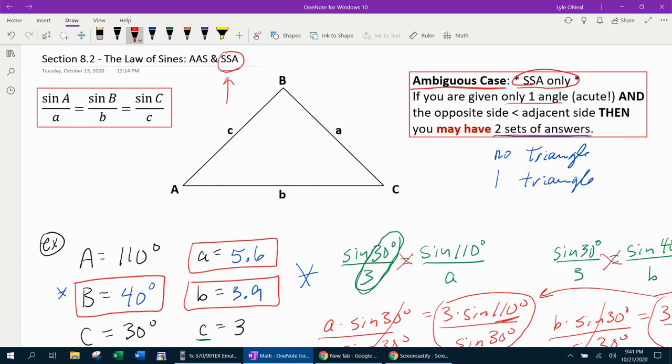So the one angle that we're given has to be acute, and the opposite side must be less than the other side, the adjacent side. If both of those criteria are met, you may have two sets of answers, you may not. It could be no solution, or it could only be one set of answers.